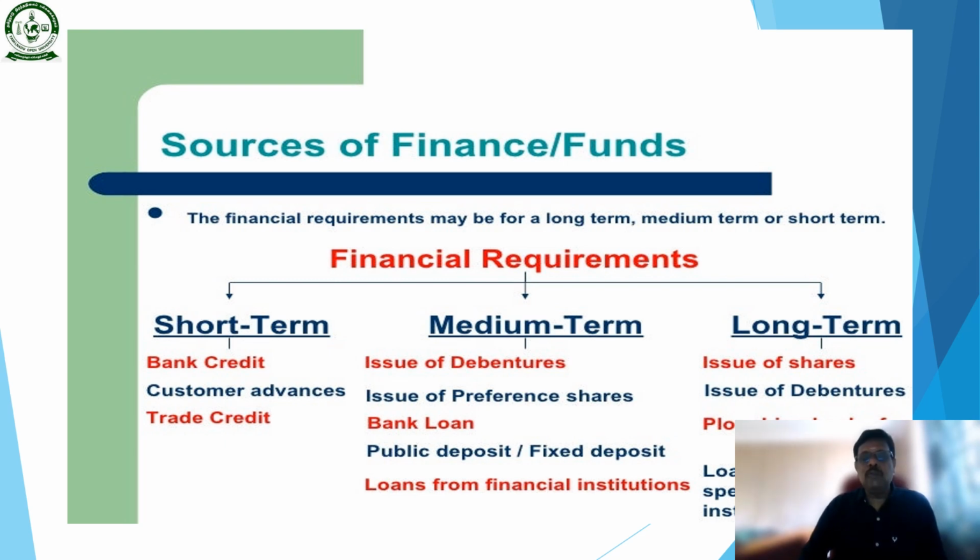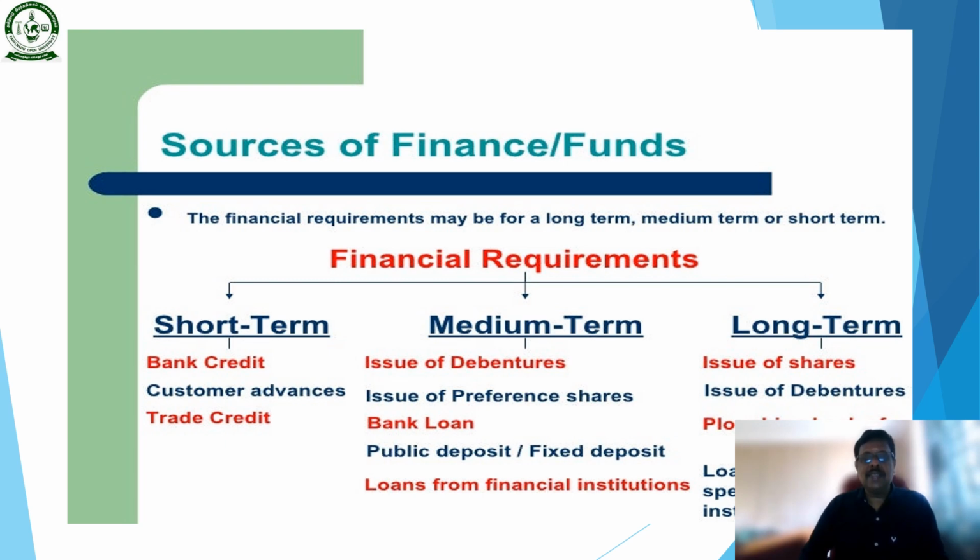The company has to repay or redeem them. On the issue of debentures, we have to pay a fixed rate of interest to the debenture holders, whether the company is earning profit or not, by which the company can raise funds.